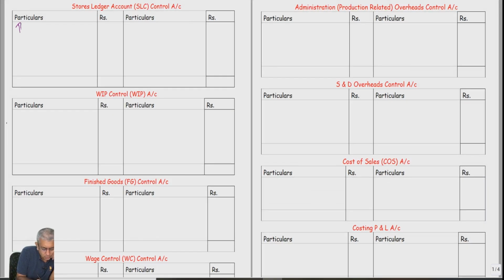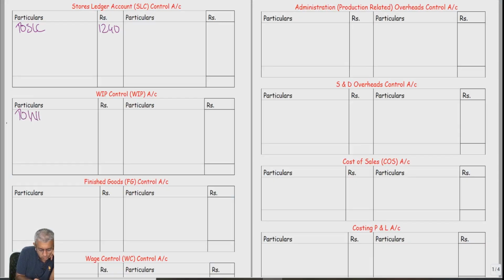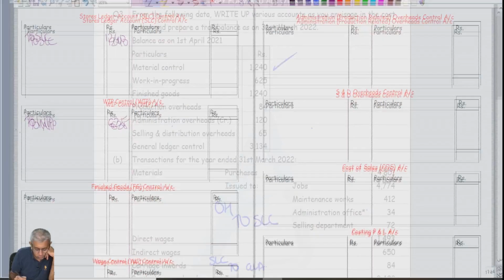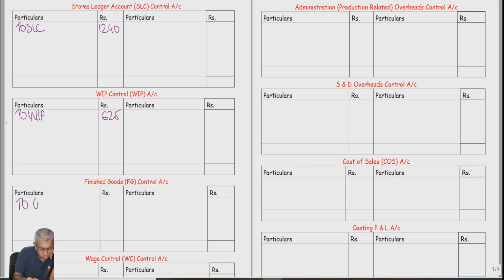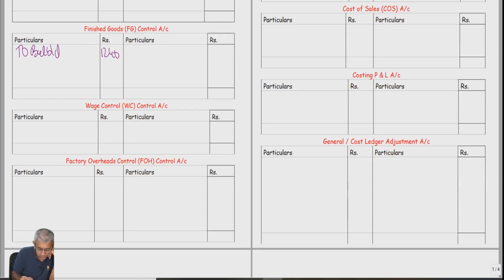To SLC 1240, to WIP 625, to finished goods. Sorry, what am I writing? I have become an idiot. To balance brought down. Production overheads must be a debit balance.